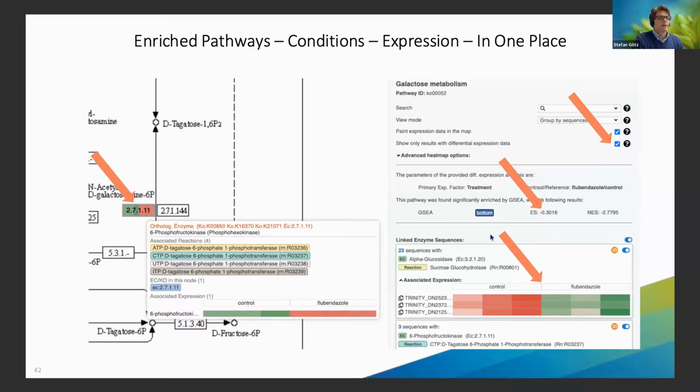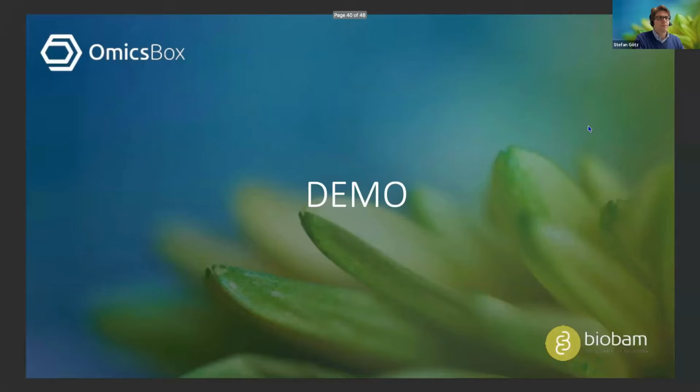Okay. And then within this view, I have a lot of information about the statistical significance, about the linked enzymes, and how many sequences are linked to each enzyme present. And then I can actually search for enzymes or genes or certain pathways and switch the view mode as well.